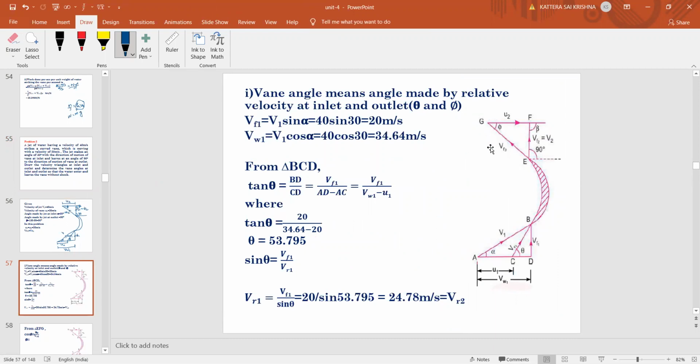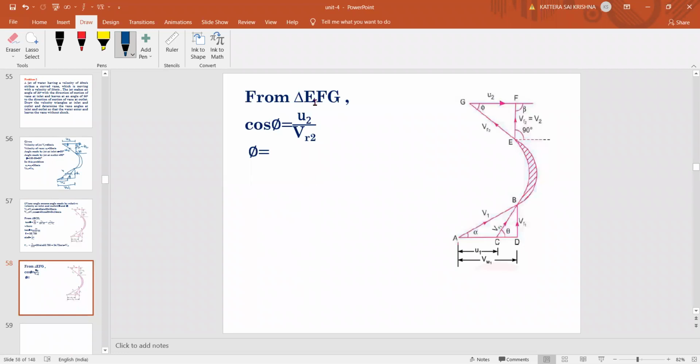Remember, it is very easy when beta is 90 degrees. We can take this triangle. We want the phi angle. Already we have the VR2 value and the U2 value. So this is adjacent by hypotenuse for this triangle. From the triangle EFG, cos phi equals adjacent by hypotenuse.